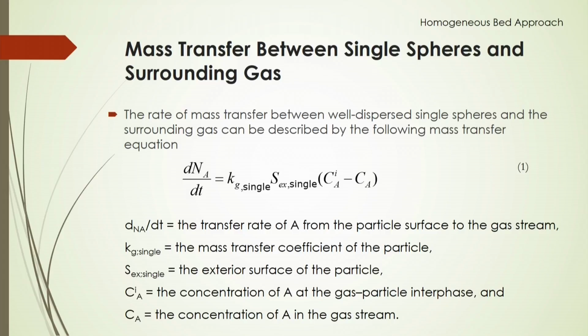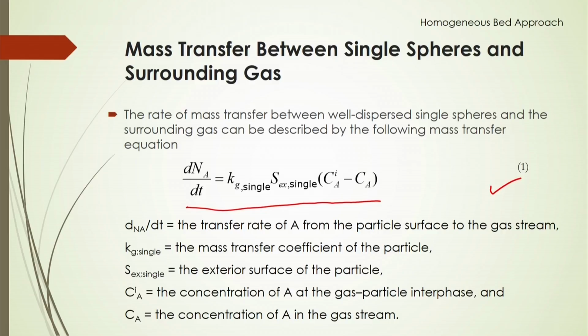The rate of mass transfer between these dispersed single spheres and the surrounding gas can be described by equation 1 shown in the slides. Here dNA/dt equals Kg,single times Ax,single times (CAi minus CA).